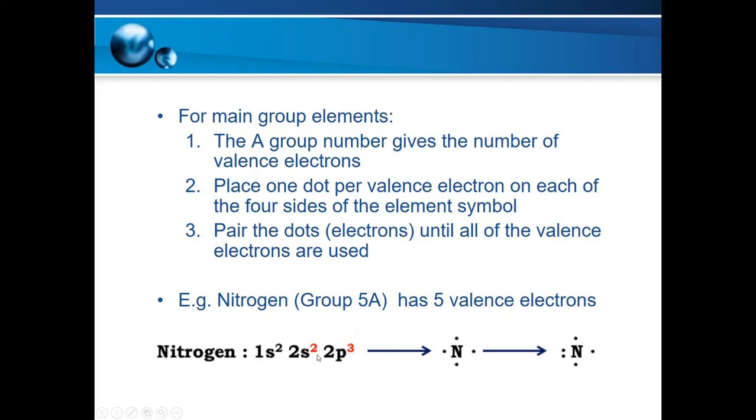How do we draw the Lewis dot symbol for the valence electrons of nitrogen? Place 1 dot for valence on each of the 4 sides, so 1, 2, 3, 4, and the rest, 1 you should put here.